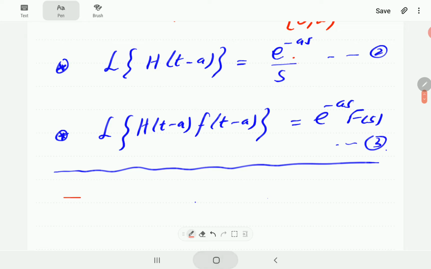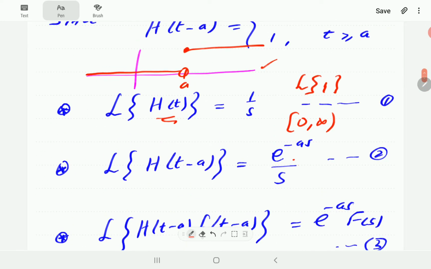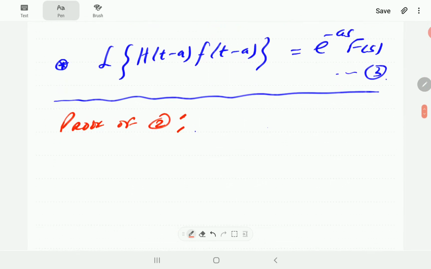So let's look at the proof of 2. If we can prove 2, then you can see that if you just let a equal to 0 here, then 1 follows.